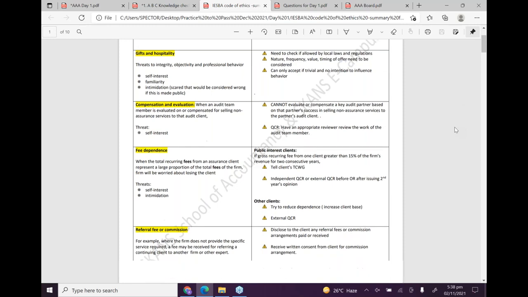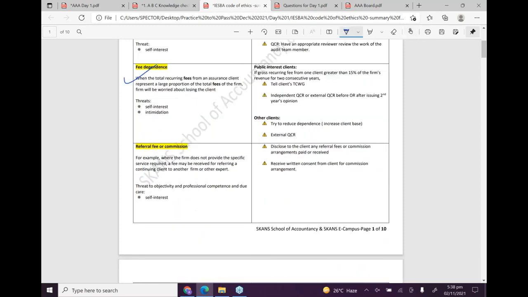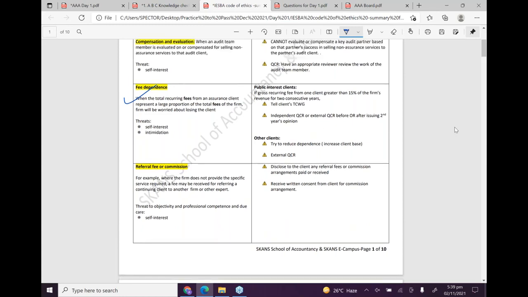If there is fee dependence, there is only self-interest and intimidation. Please do not fit in familiarity. Unfortunately it is a long handout, but it's 10 pages. You can cover it over the next 10 days. So try and learn one page each day, because learning is the only option you have.